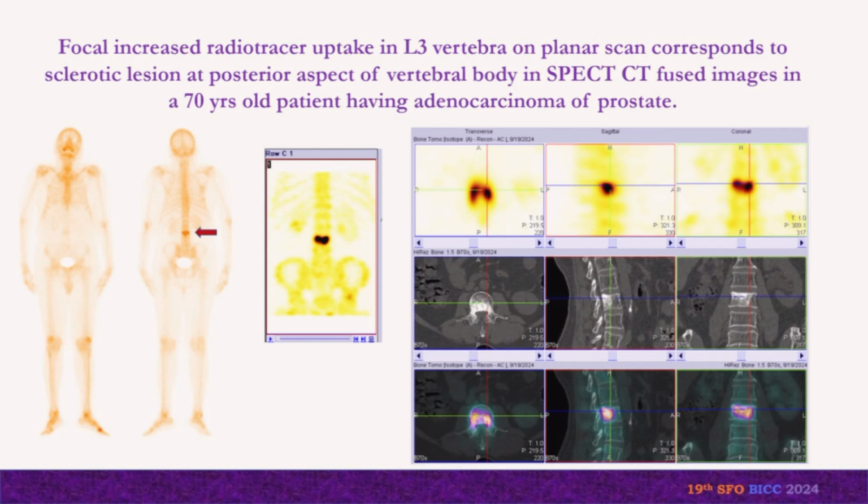In our next case, there is a focal radiotracer uptake in the L3 vertebra on the planar bone scan. SPECT-CT imaging shows there is a sclerotic lesion arising from the posterior aspect of the vertebral body in a 70-year-old male patient having adenocarcinoma of prostate.